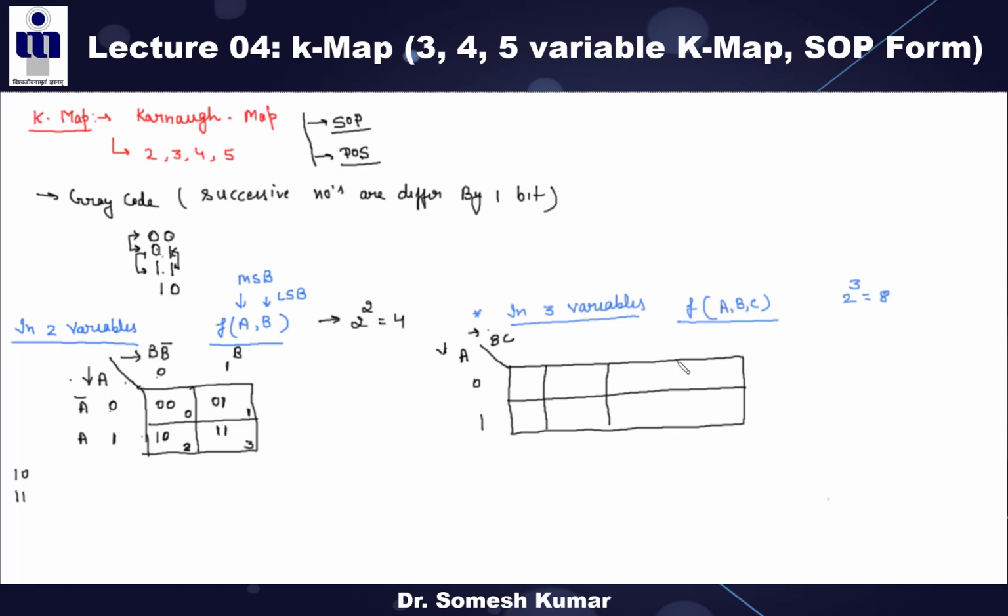Like this. So what is the first combination? 0 0. What is the next? 0 1. What is the next? See, I already told you in the K-map which type of coding is used. Gray coding, right?